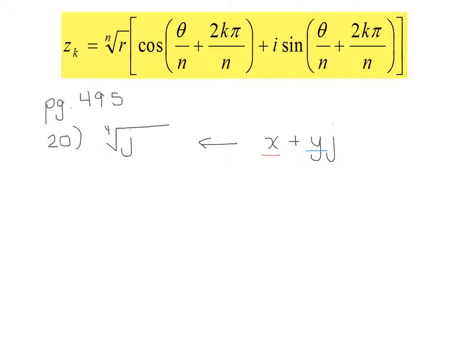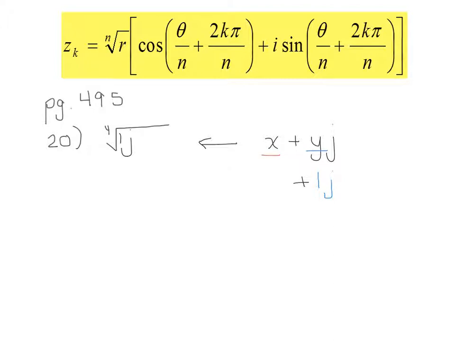Well, in our case, we have just a j. There is no number displayed in front of j, so we know that that number is a 1. So that means that our imaginary part y is 1. The real part, though, there is no real part to that number. We weren't given 2 plus j or 5 minus j. It was just j.